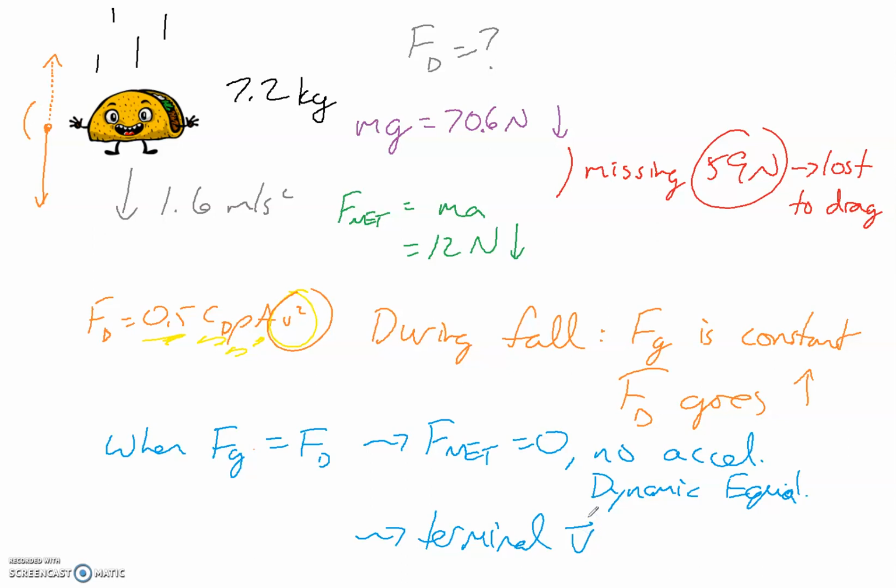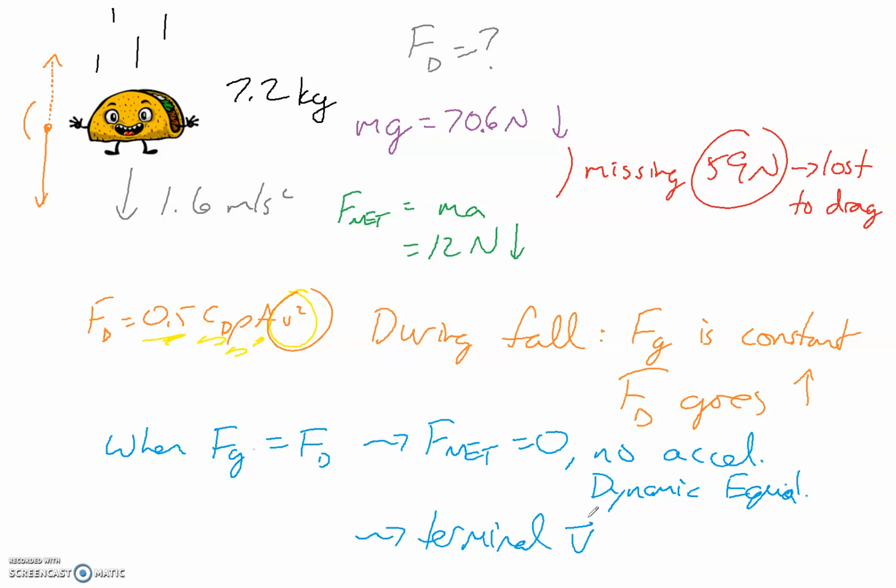So when things fall, they will keep on speeding up, and as they speed up, the drag keeps on getting bigger while the gravity stays the same, and you will reach terminal velocity. So you're not going to keep on accelerating forever. And different things, depending on their shape and their mass and their contact area and their drag coefficient, have different terminal velocities. But you can't just keep accelerating forever.